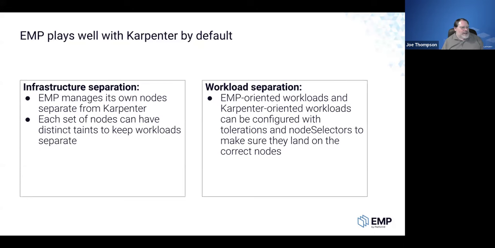Now, again, there's that config map that you can configure, and you can say, I want EMP to auto-inject that toleration as a webhook for workloads that meet this criterion. That can be that it's running in a particular namespace, or that it has a certain set of labels. There's a fair bit of flexibility there. But to automate that process, you can use that config map to configure the webhook. And then what we recommend is kind of a gradual migration.